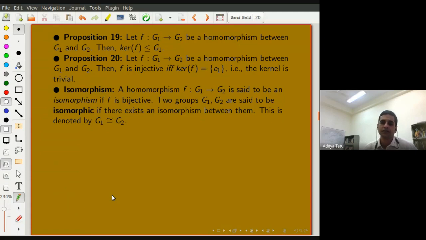Okay, so two groups G1 and G2 are called isomorphic, which means in a more strict sense that their binary group operations, or the interrelationship between elements of these two groups, is one and the same. Apart from that, what does bijectiveness imply about the number of elements in these two groups?